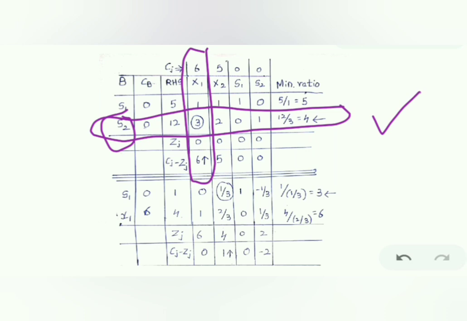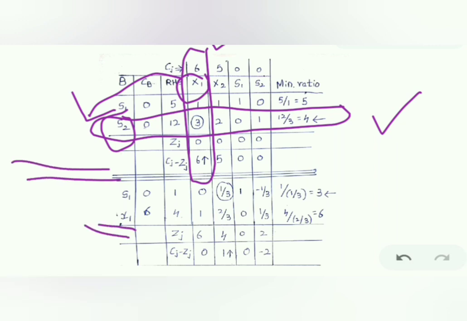This was the pivot row, this is the pivot column. So x1 is entering in place of S2. See here, this is the second iteration. These 3 lines show you that after them we are going forward to the second iteration. So x1 has entered, S2 is gone.